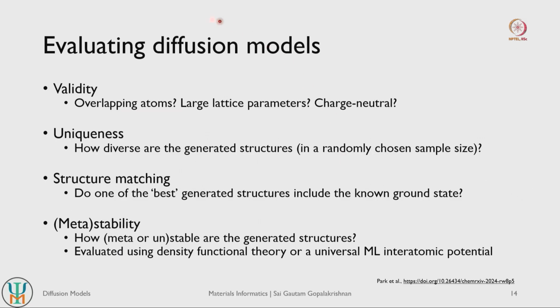Okay. So when you come across a diffusion model, there are various things that you have to note or worry about, especially in deciding which diffusion models are actually useful and which are not. I would say this falls under 4 different categories. One is how valid the structures are when these diffusion models generate them.